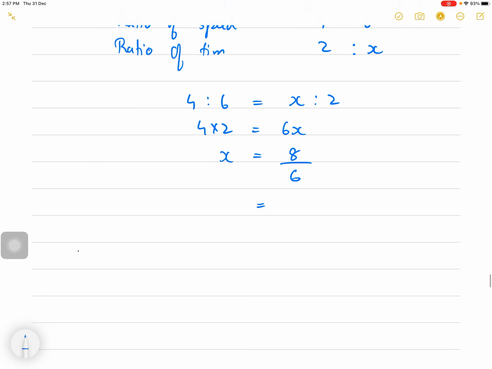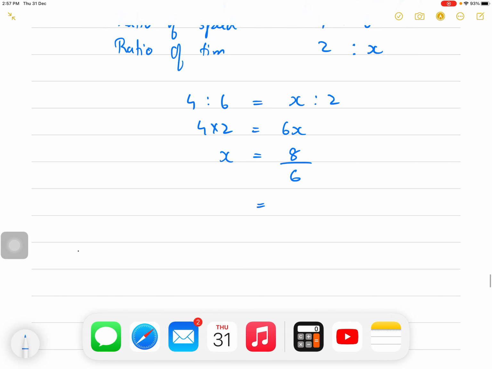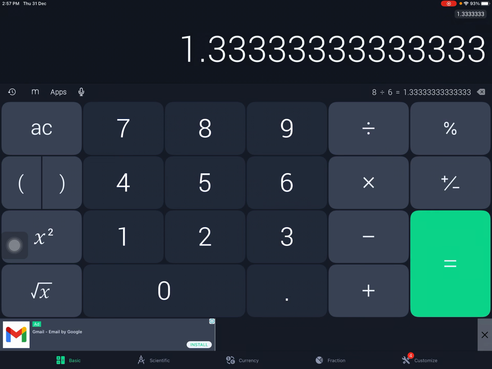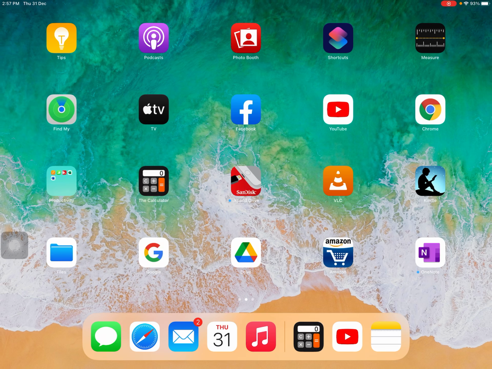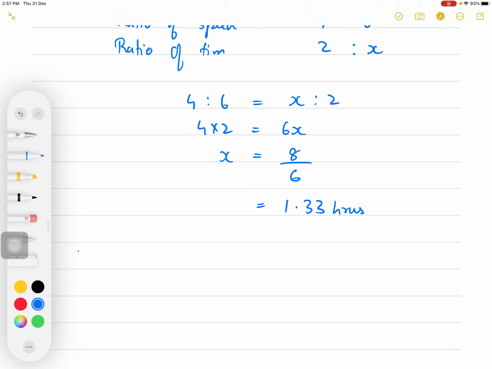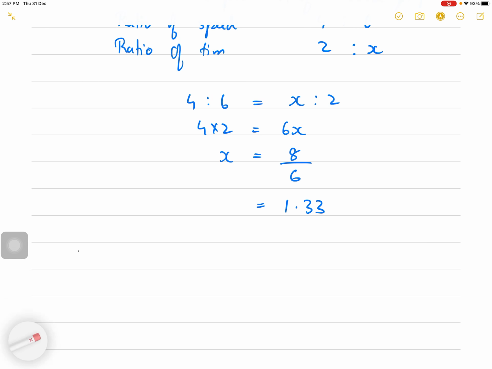And 8 divided by 6 is equal to 1.33. So 1.33 hours.